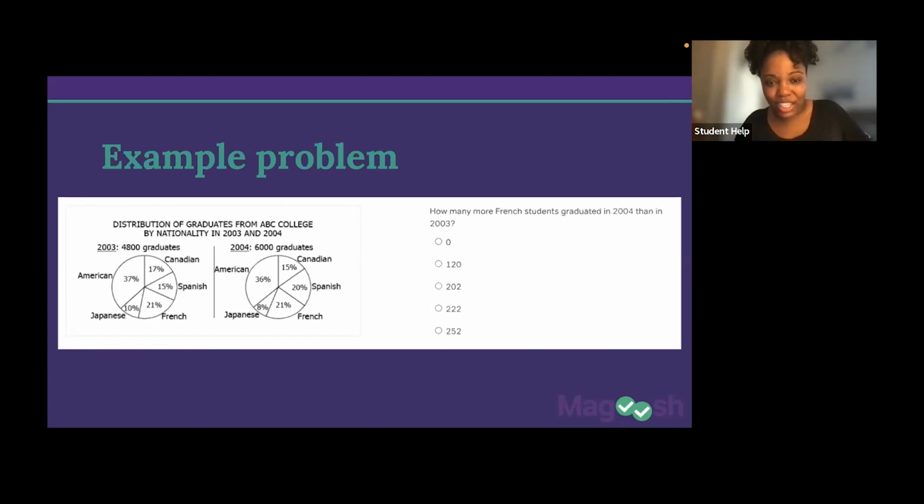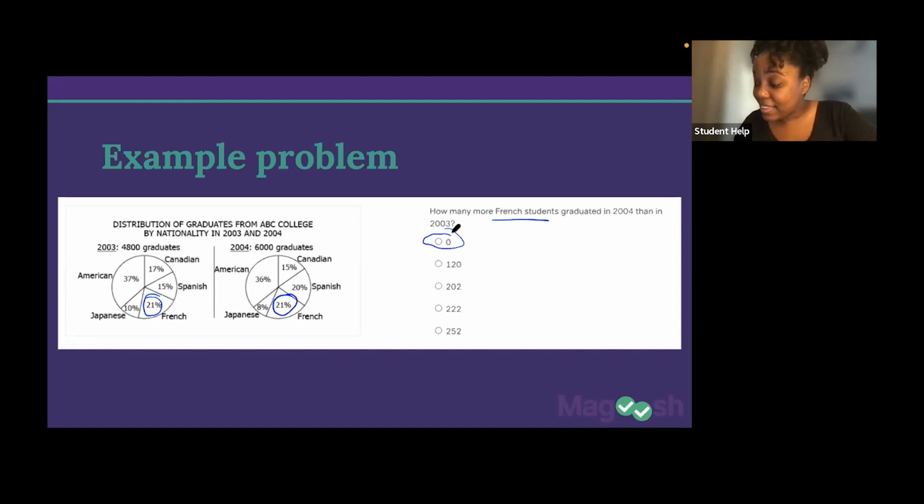Okay, let's talk about it. So maybe one person made a mistake and said, okay, French students, 21%, 21%, no change, 0, right?